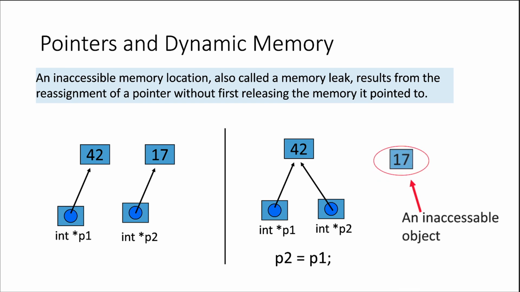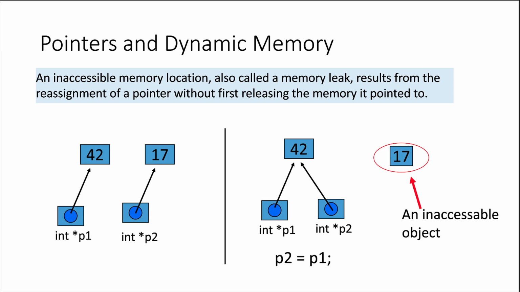Then what happens to 17? That becomes an inaccessible object. Clear? You will never be able to recover that memory. You will never be able to access it unless your entire program is killed. So this is another example of memory leak.